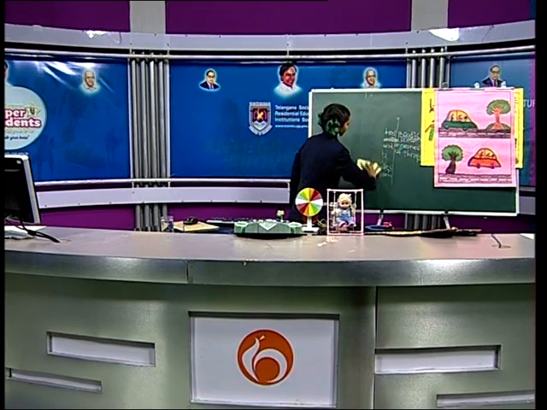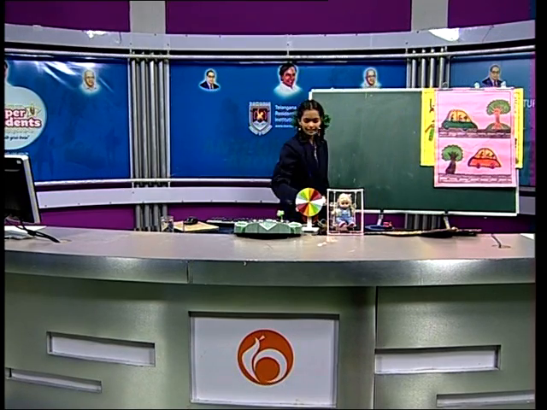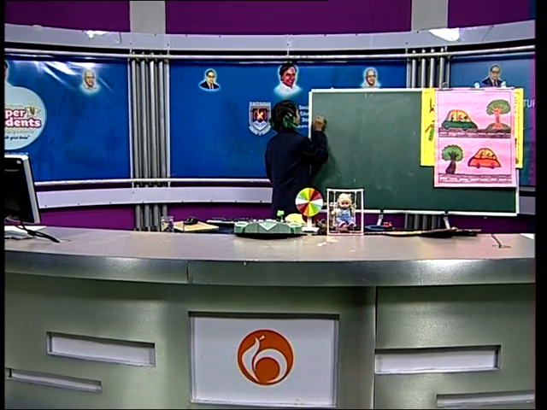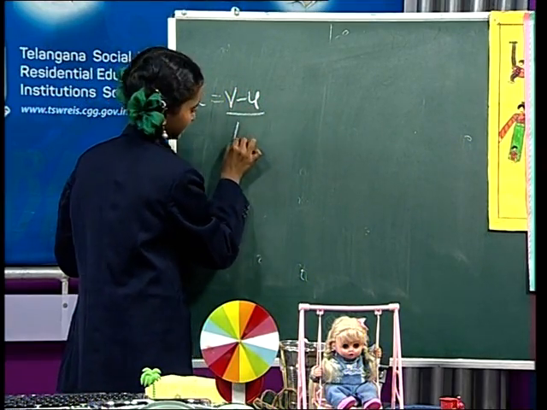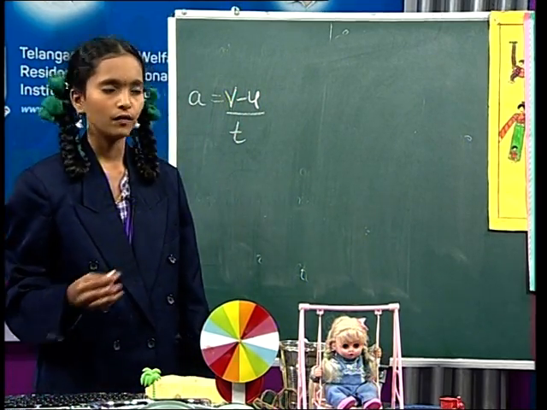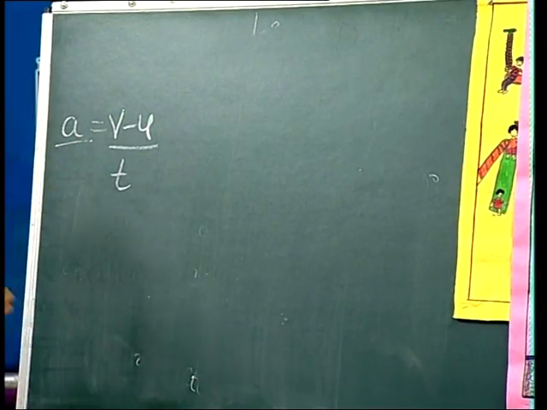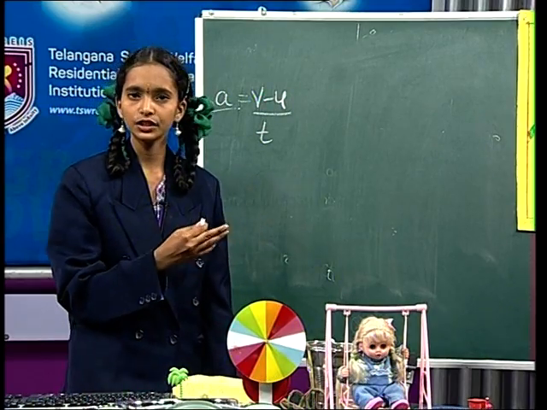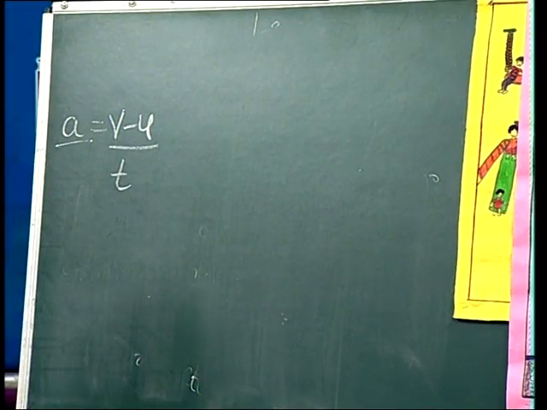Acceleration is equal to change in velocity by time taken. So, this is the formula for acceleration. So, when the velocity is changing, it indicates acceleration also. This acceleration is known as the centripetal acceleration with constant magnitude.